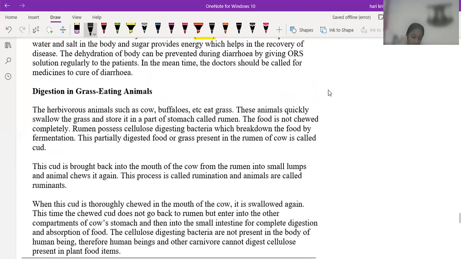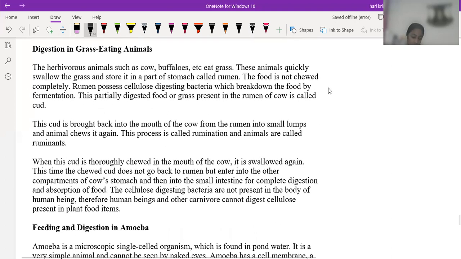And in grass eating animals also, we discussed, I think, in the last class, rumination, ruminants. Yes, sir. Grass eating animals are also called ruminants. First they will eat and swallow the grass completely, and whenever they are taking rest, they will bring the partially digested food back and chew it in the mouth again.